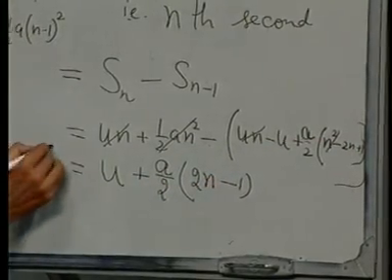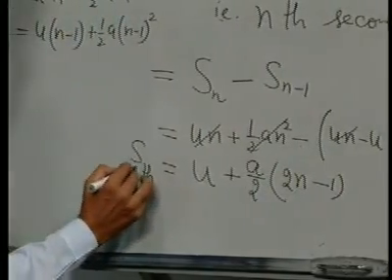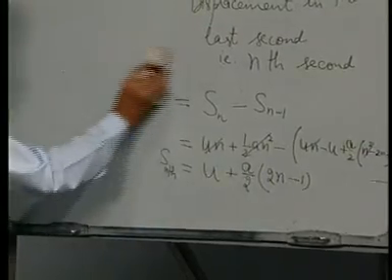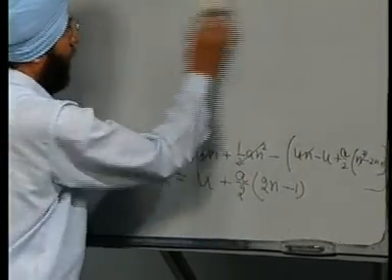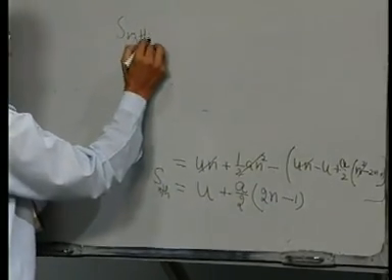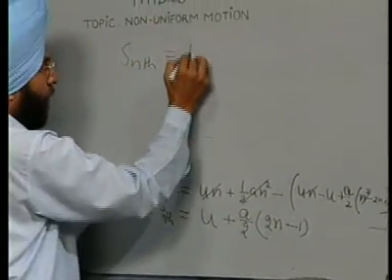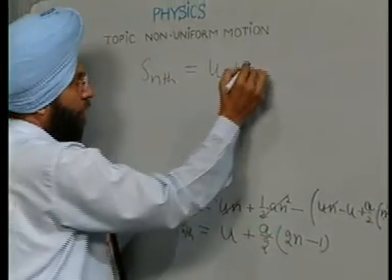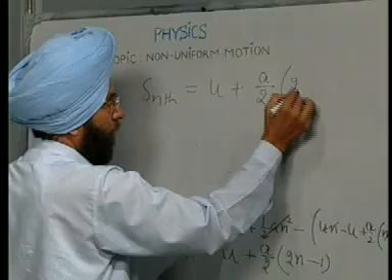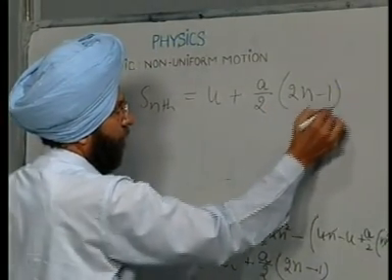So, we have S nth is equal to u plus a by 2 into 2n minus 1.